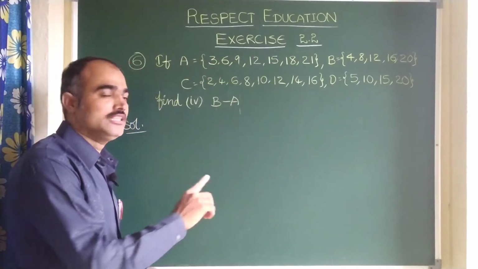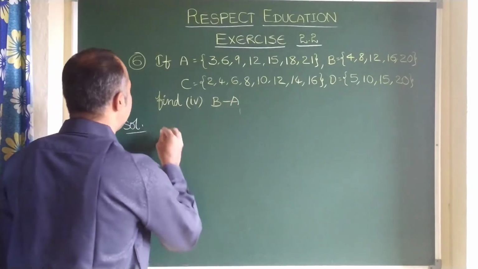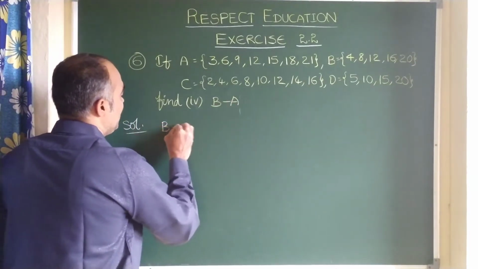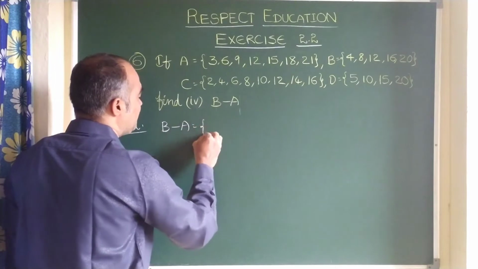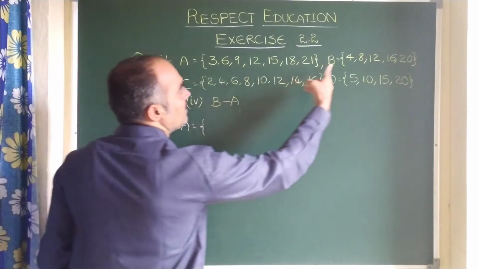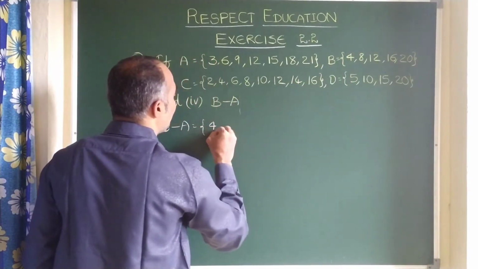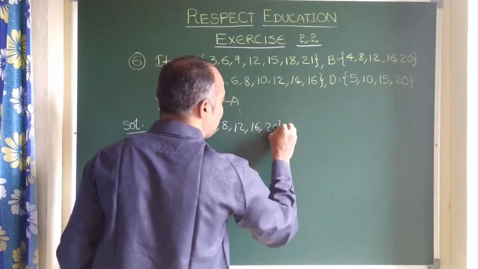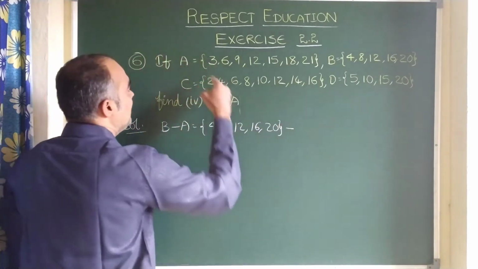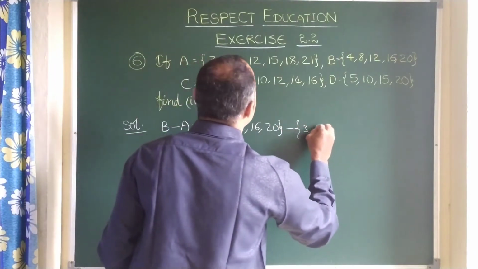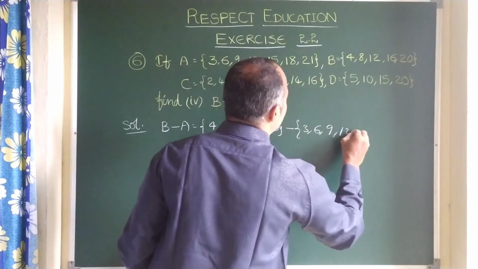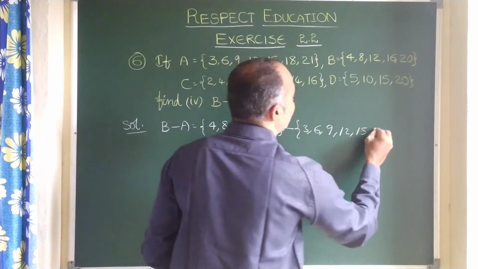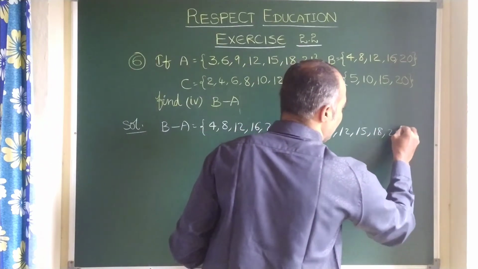Now let us see the next bit, that is the fourth bit, B minus A. In B minus A, children, first we need to write set B: 4, 8, 12, 16, then 20. This is B minus A. A is 3, 6, 9, 12, 15, 18, then 21.